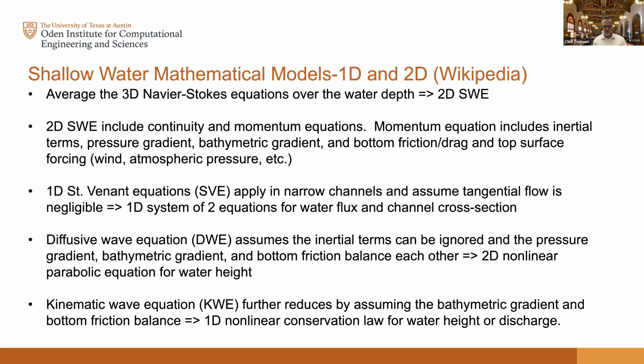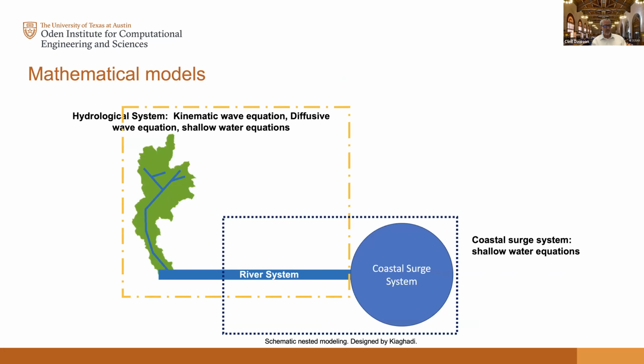What you end up with in that case is a 1D nonlinear conservation law for water height or discharge. So different codes use different models in different parts of the domain that are appropriate for that part of the domain.